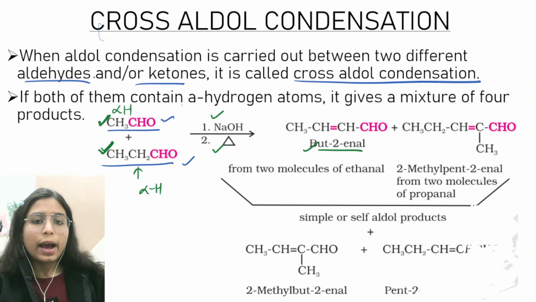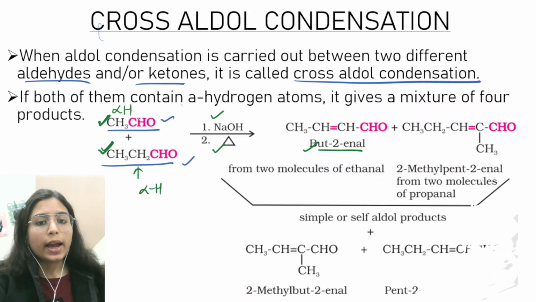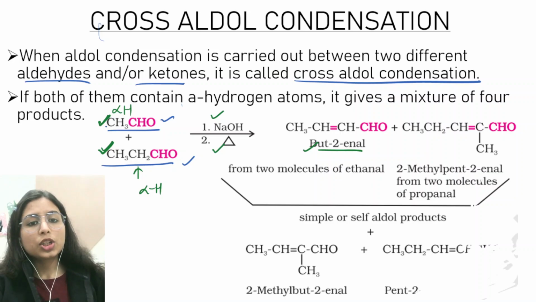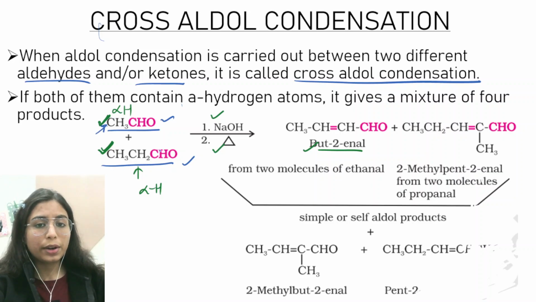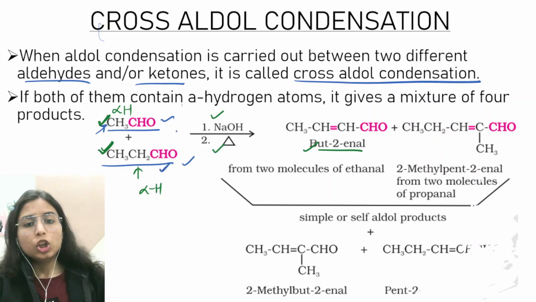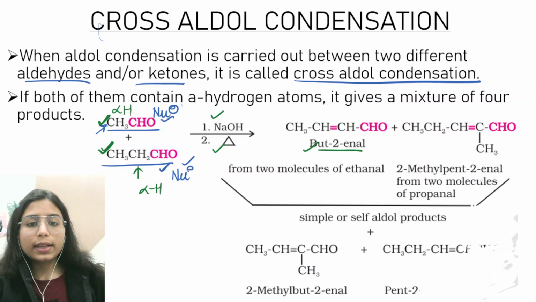Okay. Now, the other possibility arises that the negative charge is formed from this carbanion and the positive electrophile you take for this carbon. So basically here once this can act as a nucleophile and another time this can act as a nucleophile.